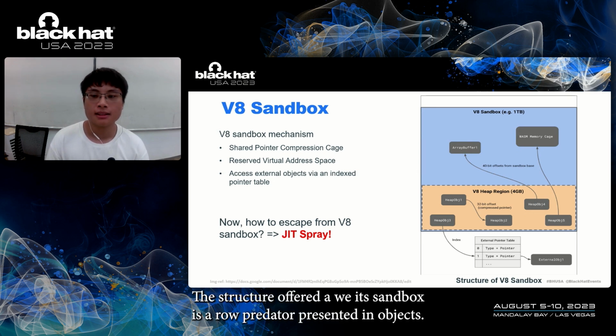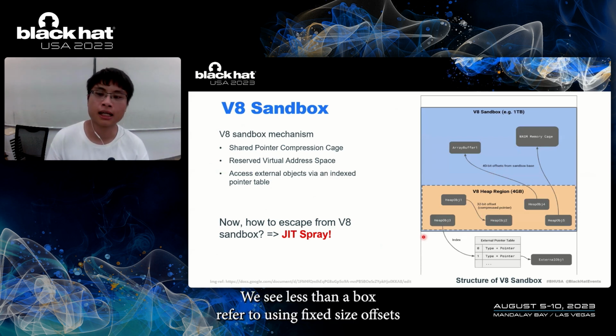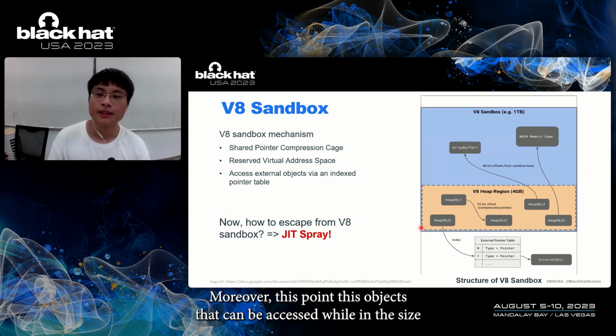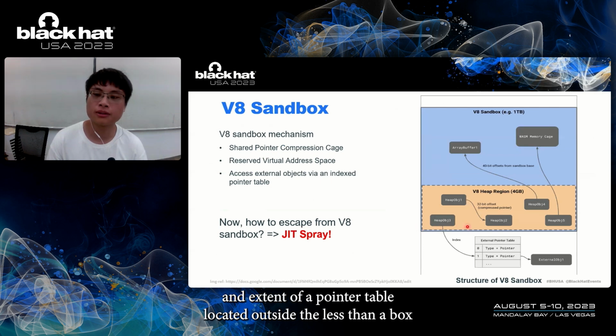In the slides, the structure of the V8 sandbox is presented. Objects within the sandbox are referred to using fixed size offsets rather than raw pointers. Moreover, these objects can be accessed via indices and an external pointer table located outside the sandbox.